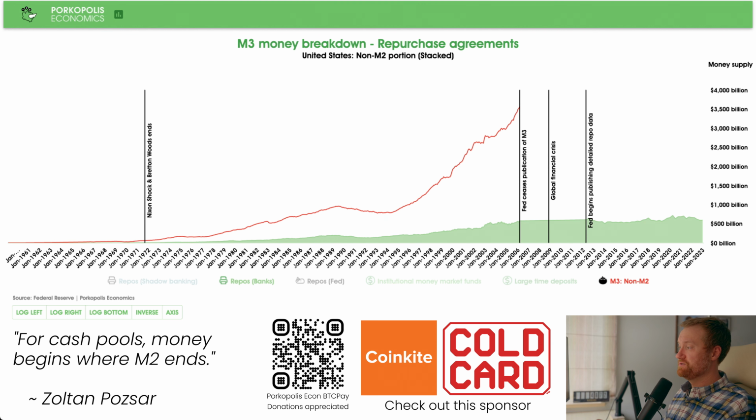So what we have to do is see, is there any other source of information where we can find this non-bank repo market, this shadow bank repo market? And luckily for us, the Federal Reserve did start publishing more data, in one of their releases, quarterly, as I mentioned, in March 2012.